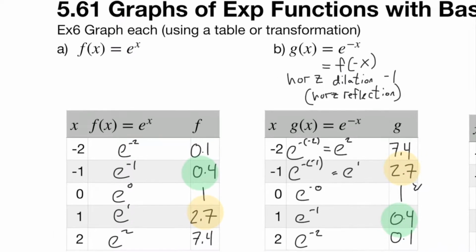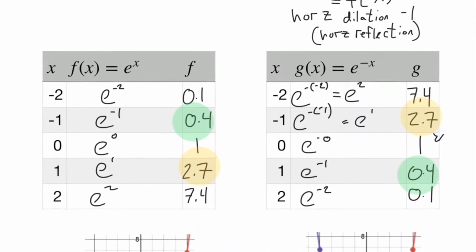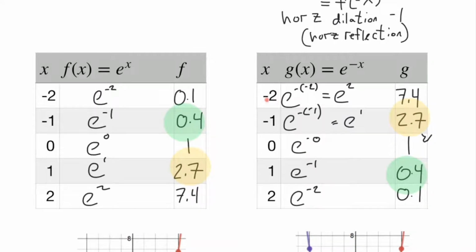Now, how do you compare f of x and g of x when g of x is e to the negative x? It's the same thing as f of x, except you have the negative of the input. It's a horizontal dilation of negative 1, also called a horizontal reflection. You're reflecting it over the y-axis graphically. So negative 2 as an exponent becomes positive 2, e squared.